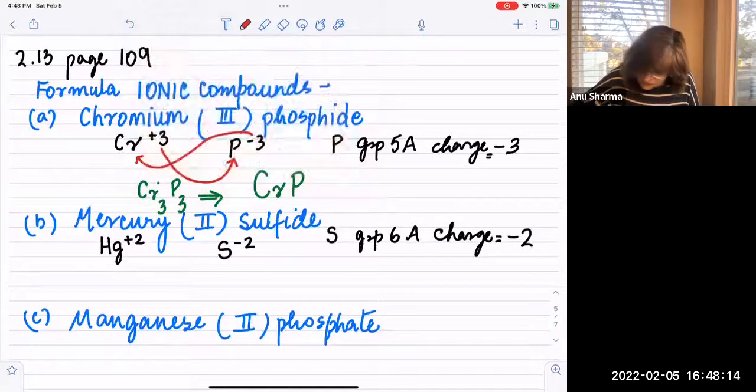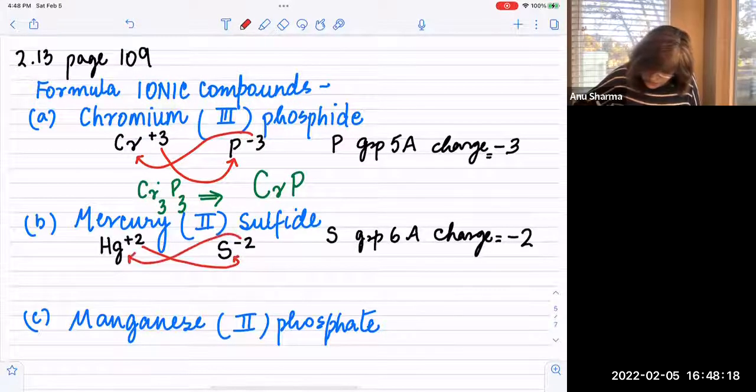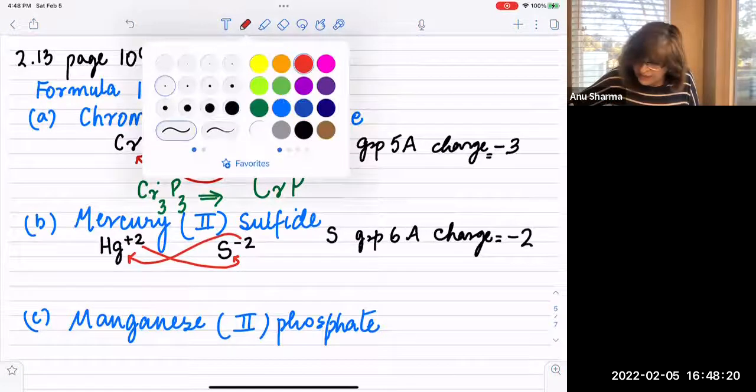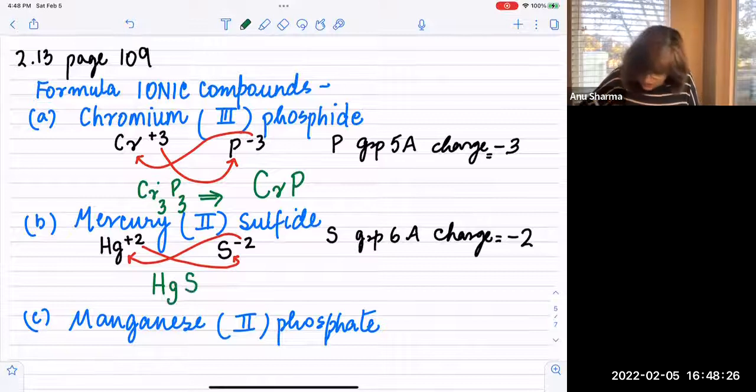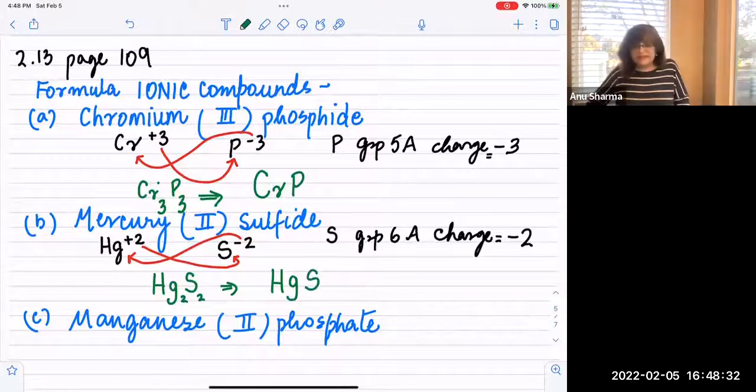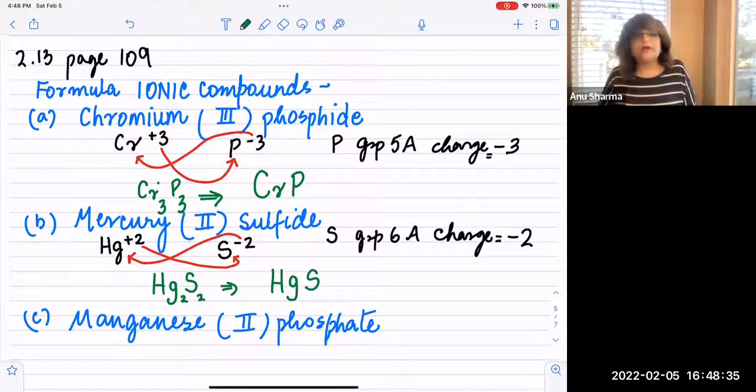Once again, when you crisscross, you bring the 2 at the base of sulfur, and this 2 goes at the base of mercury. The 2 and 2 cancel out, so this becomes HgS. Although it is mercury(II) sulfide, because of the charges, they cancel out.